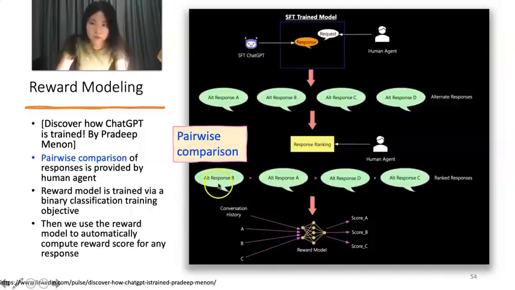Keep in mind that we need pairwise comparison because it's always easier to discriminate between 2 responses, right? Then the reward model is trained via a binary classification training objective, or the binary ranking loss. Then we use this reward model to automatically compute a reward score for any response. That will be used later in the PPO stage.